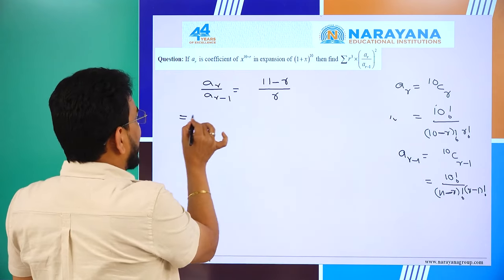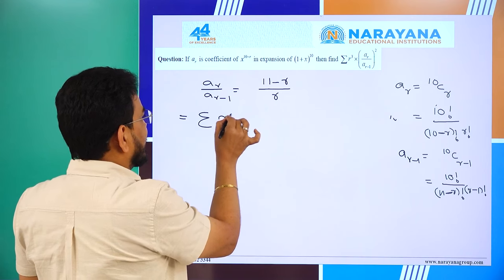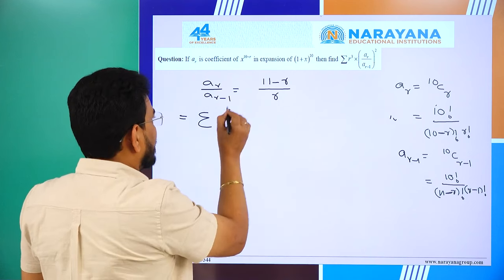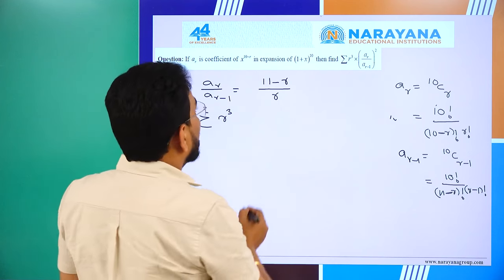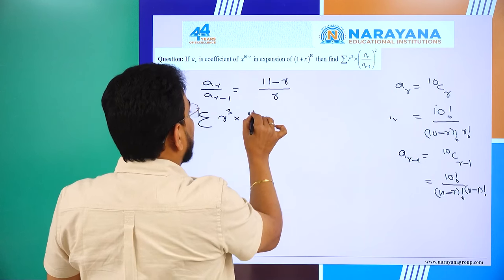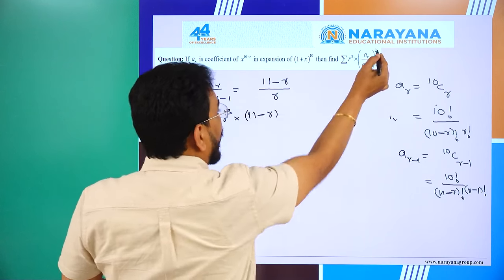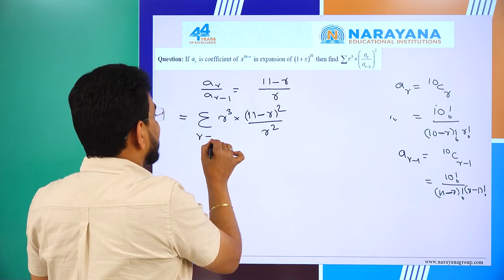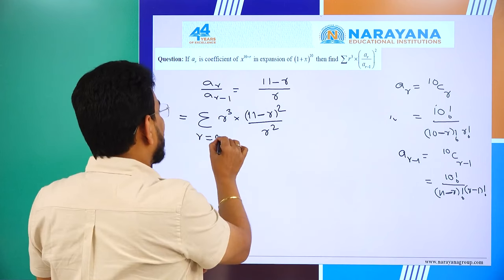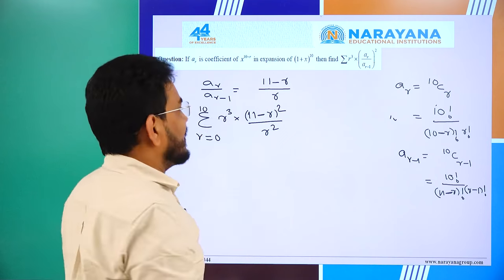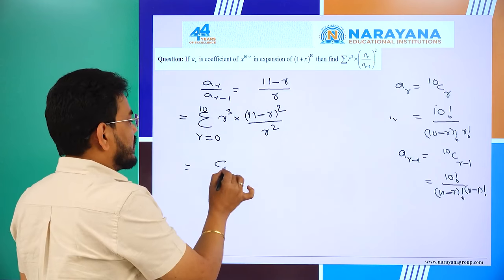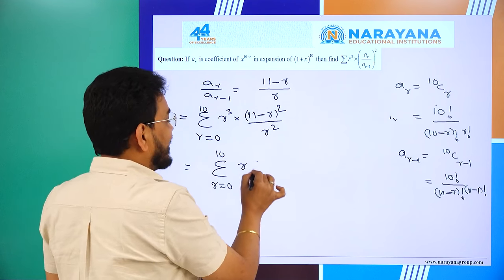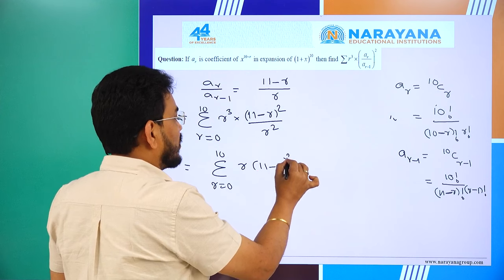So the answer required is the summation of r cube into (11 minus r) whole square by r square, where r is equal to 0 to 10. So this equals the summation, r is equal to 0 to 10, of r into (11 minus r) whole square.